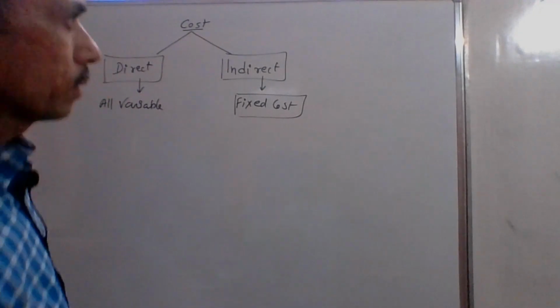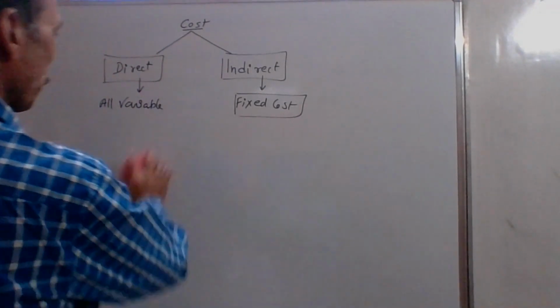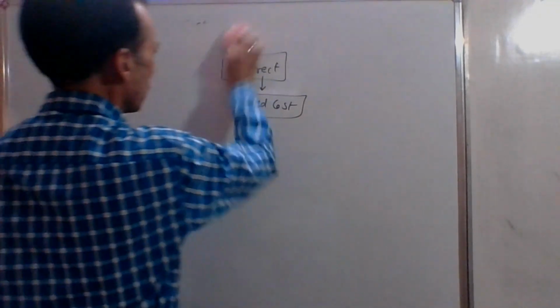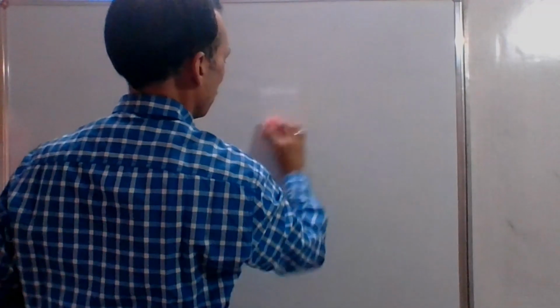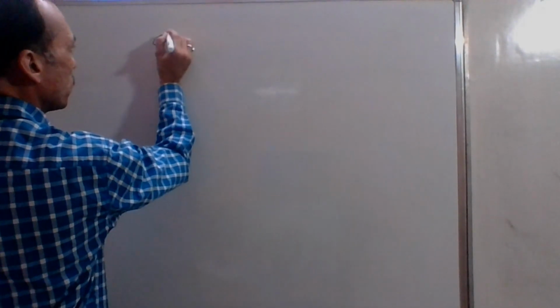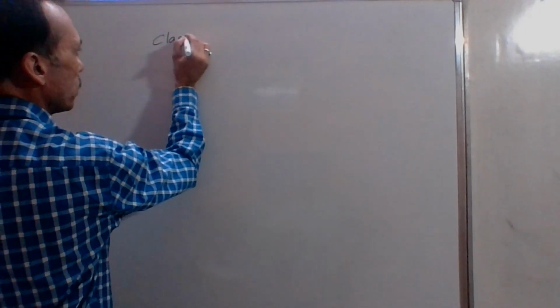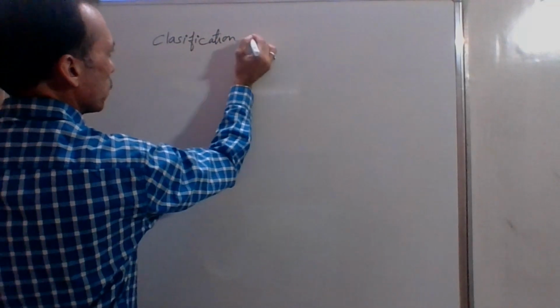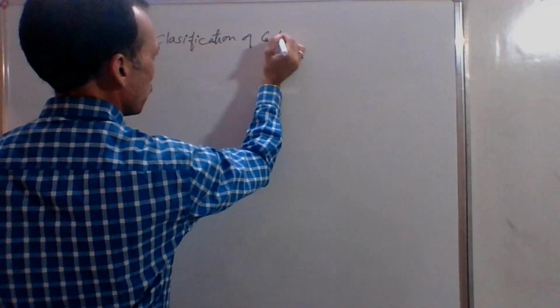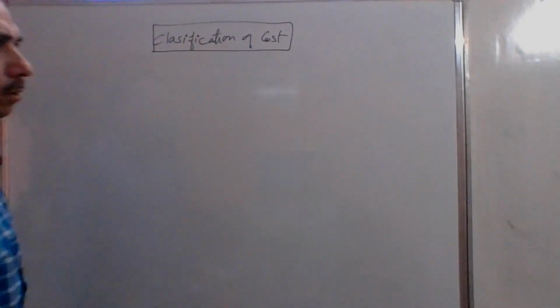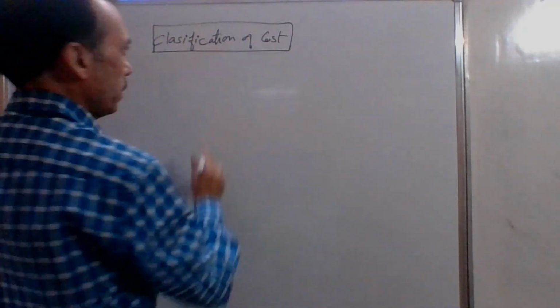Now, further, we classify the cost. Classification of cost. Cost can be classified in four parts.